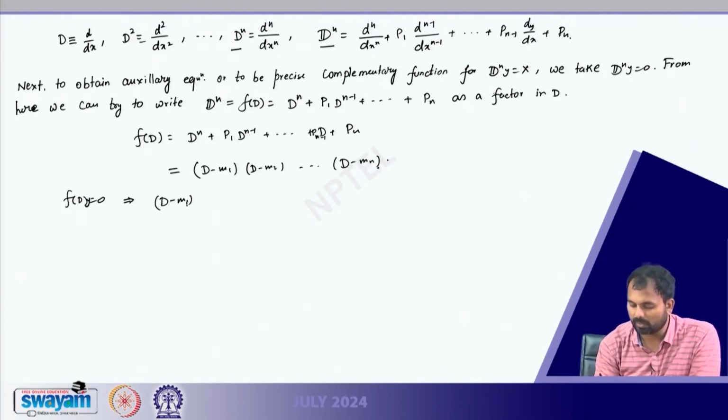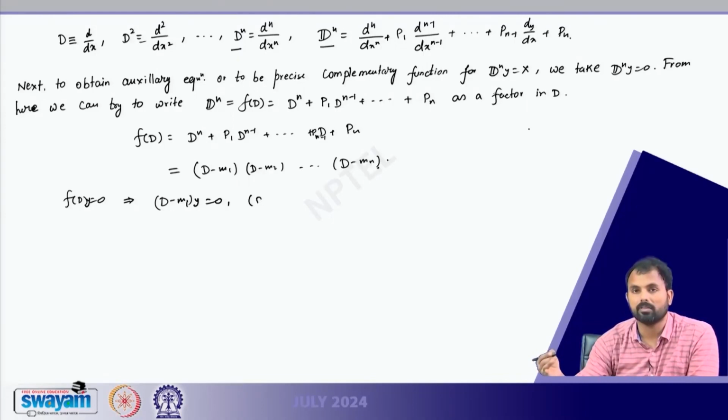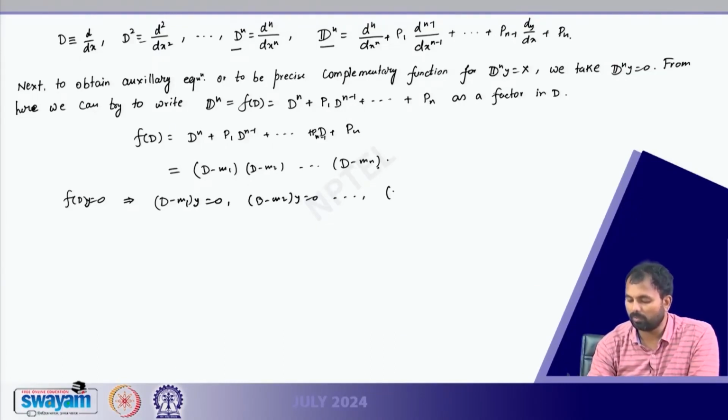So we will have (D minus m1) y equals 0. Since you have a product of n factors equal to 0, each one of them must be equal to 0. So (D minus m2) y equals 0, and so on, (D minus mn) y equals 0.